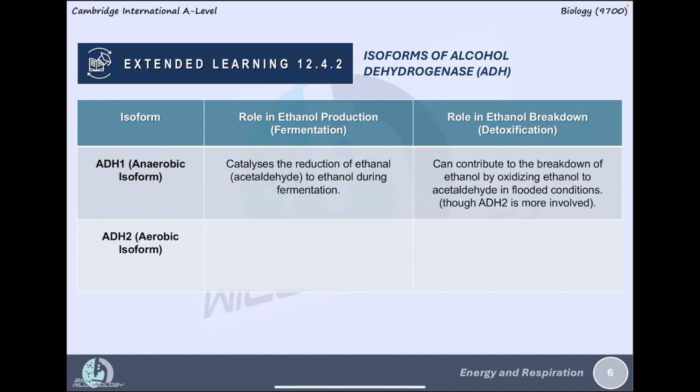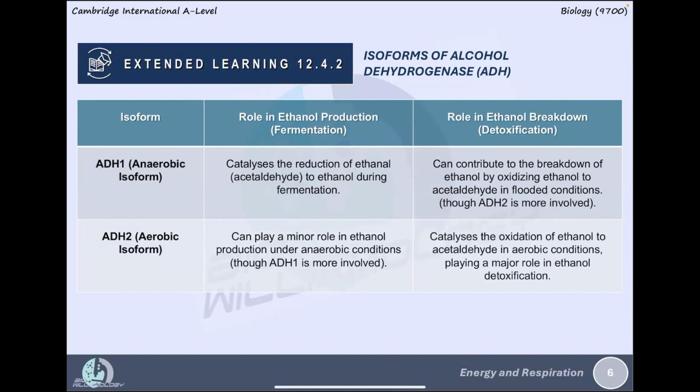So how about ADH2? The primary function of ADH2 is to break down ethanol to acetaldehyde, playing a major role in ethanol detoxification. However, ADH2 may have a very minor role in ethanol production.